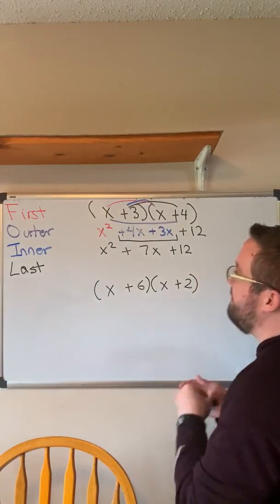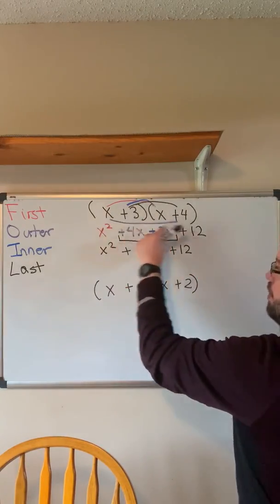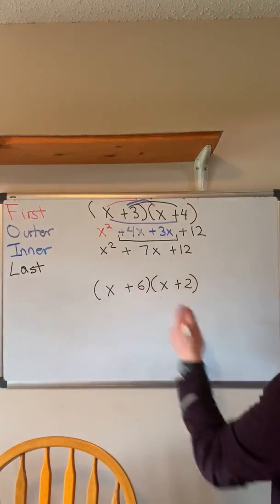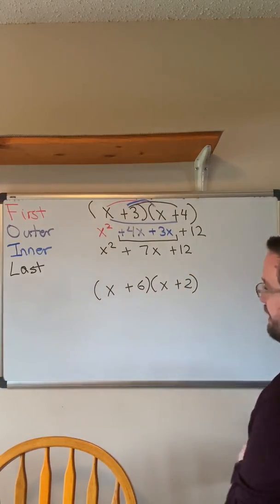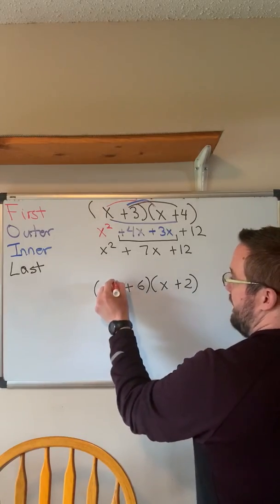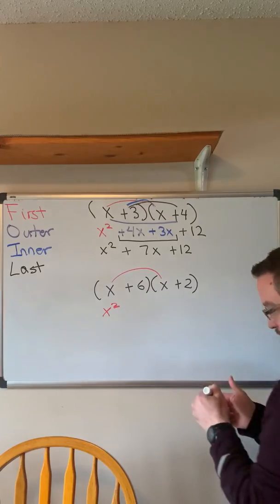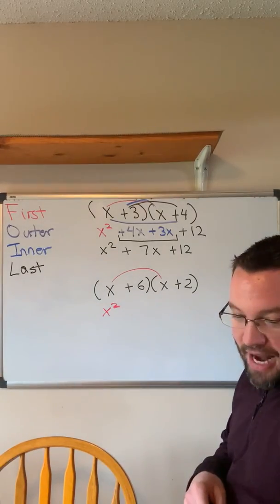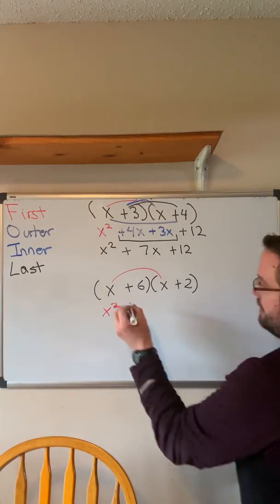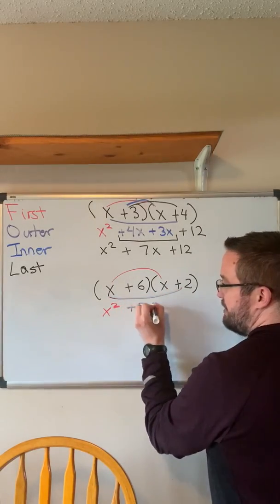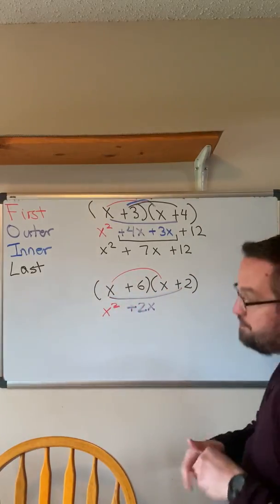So remember, if it's a positive and a positive, they're all going to be positive terms. Up next, we have x plus 6 and x plus 2. So again, x times x is x squared. Up next, I'm going to have my outside terms. That's going to be x times 2, which is going to be plus 2x.